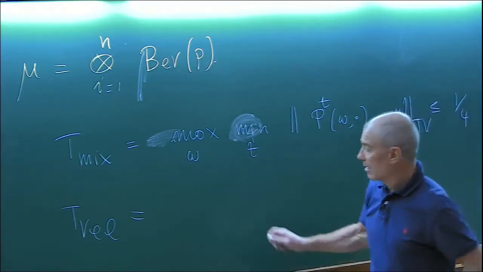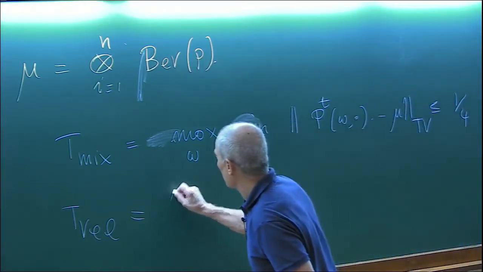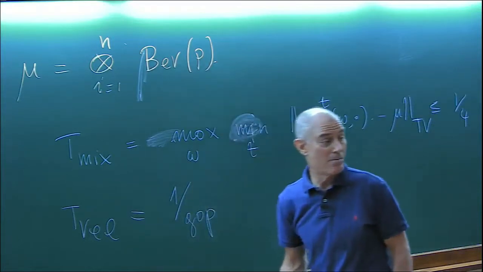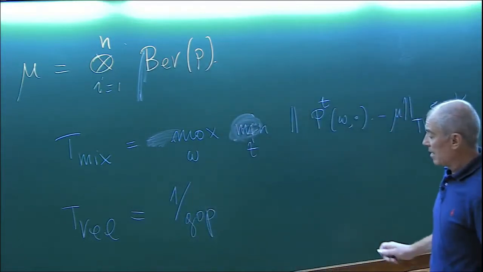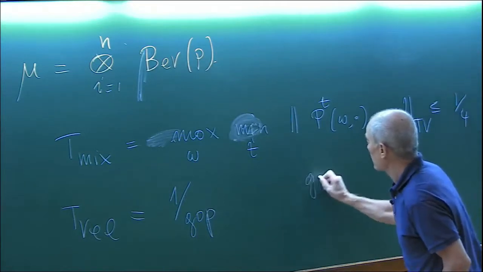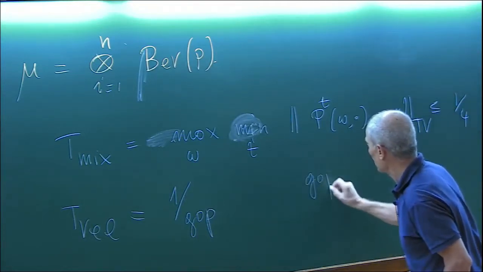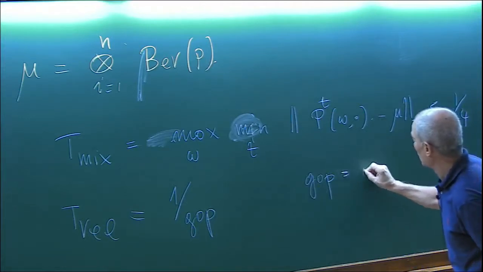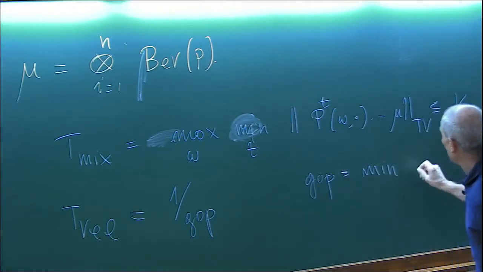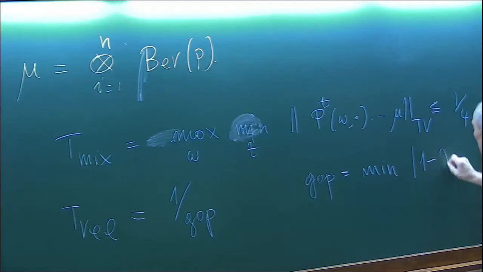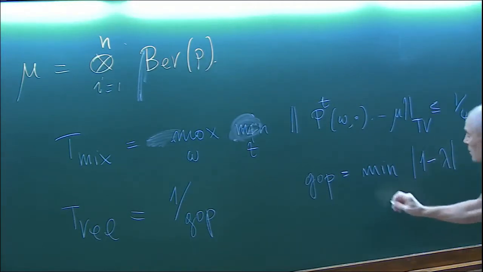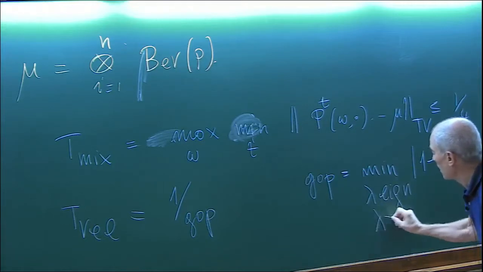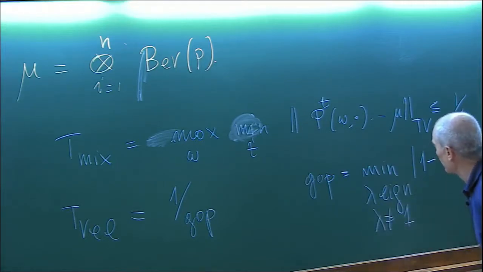The relaxation time is 1 over the gap, or spectral gap, of the chain, and the gap is the min of 1 minus lambda, over eigenvalues lambda different from 1.